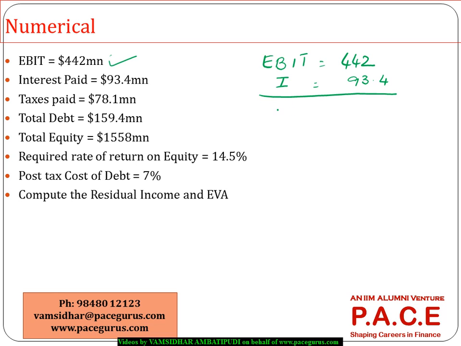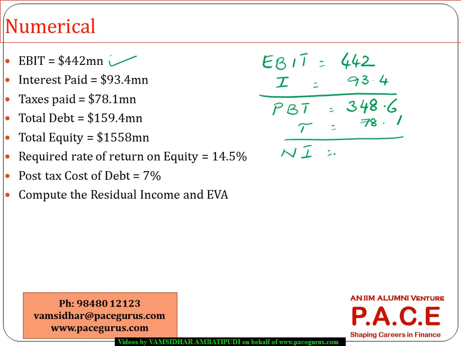So from here I can find out that my profit before tax, or earnings before tax, is 348.6 million.